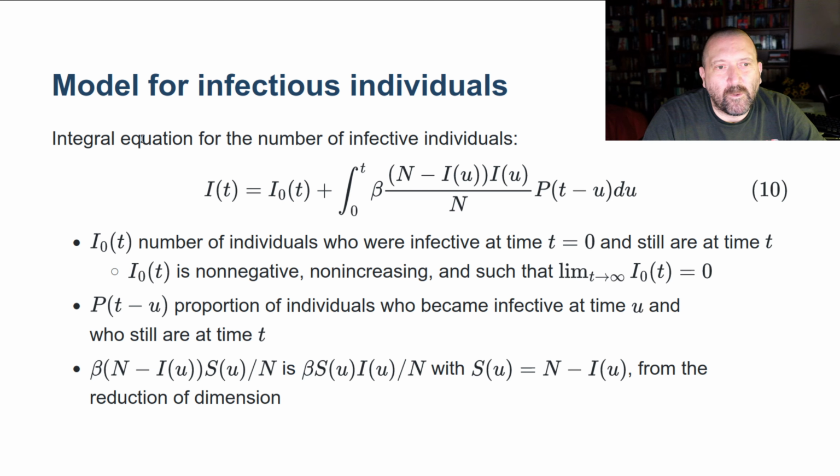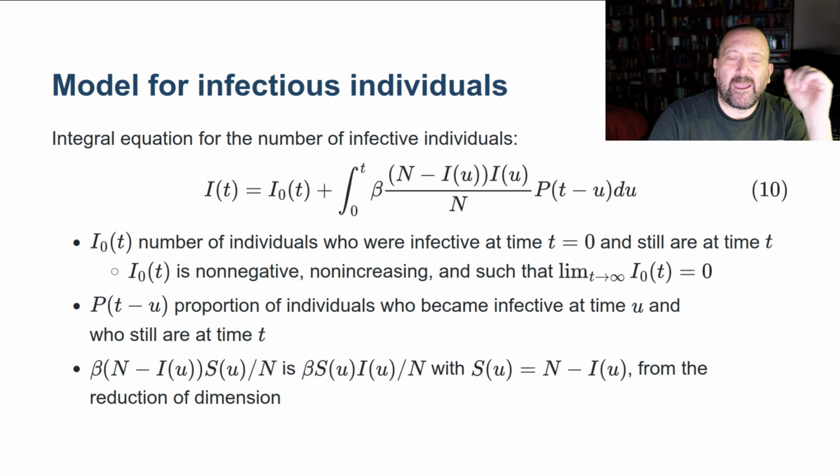It's going to take the form of an integral equation. And so this system is going to be very simple. Remember, I'm just looking at I because I can get S as n minus I. So this equation 10 includes two parts and three components, essentially.